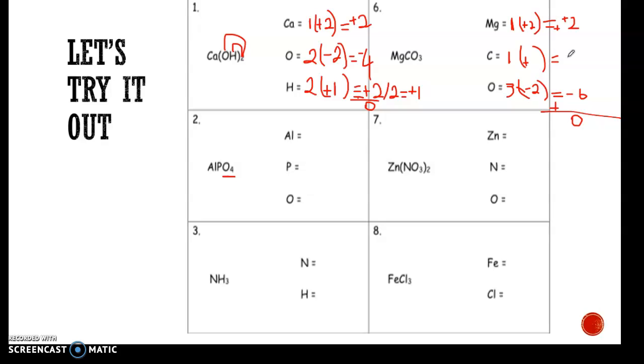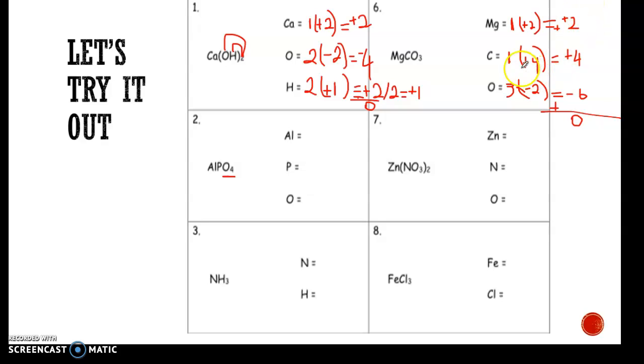Since it's going to leave us with -4, that means C needs to be +4 to cancel out that -4. So, does carbon have a +4? I would show you on the slide, but once again, it cut off. So I'm going to tell you that carbon's oxidation states are -4, +2, and +4. So yes, carbon does have a +4.